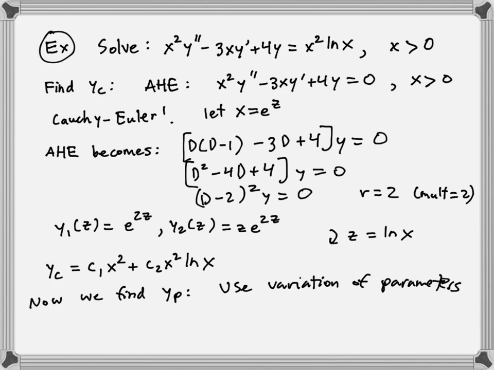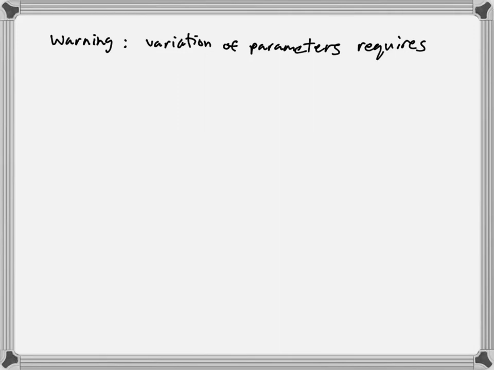Now, it's easy to make a mistake here. There's something we have to worry about. Warning, this is kind of a subtle thing to overlook, but variation of parameters requires the coefficient of our highest order term to be 1. We have been calling this standard form.